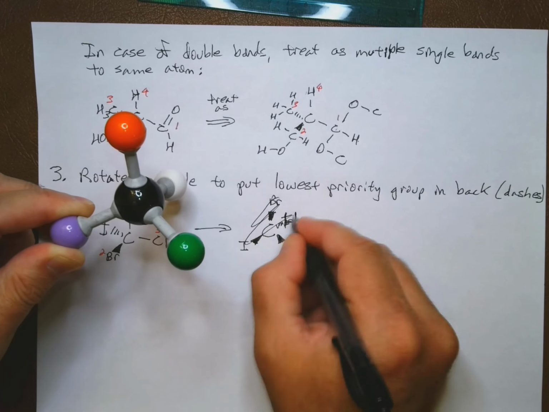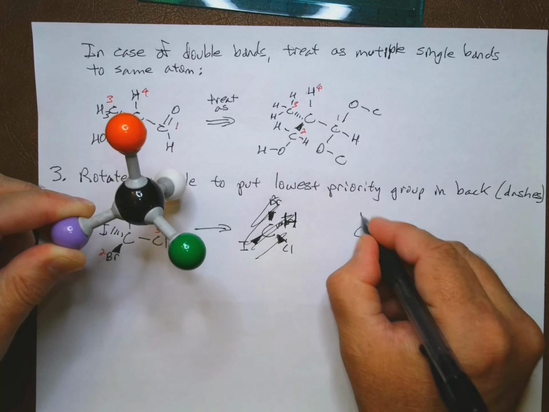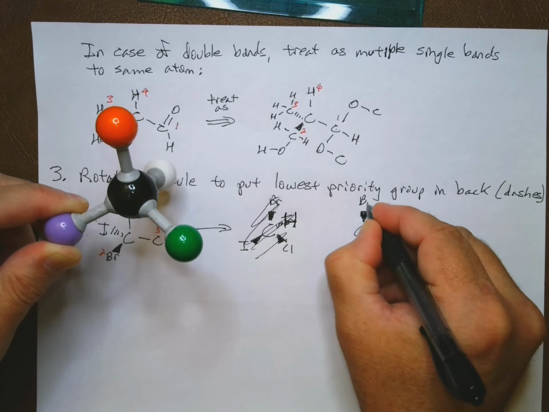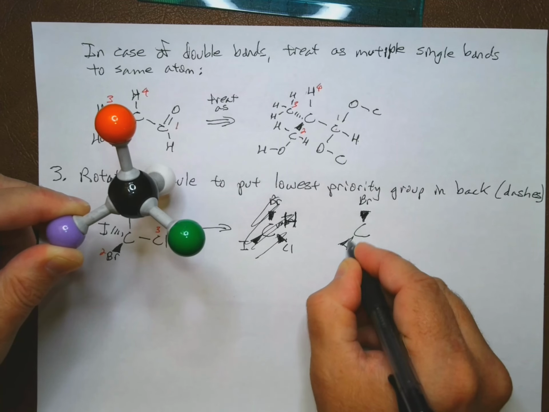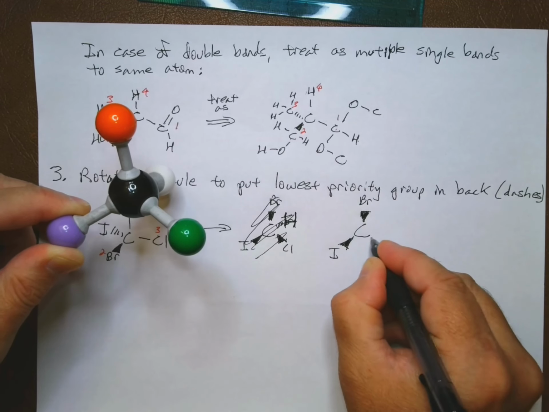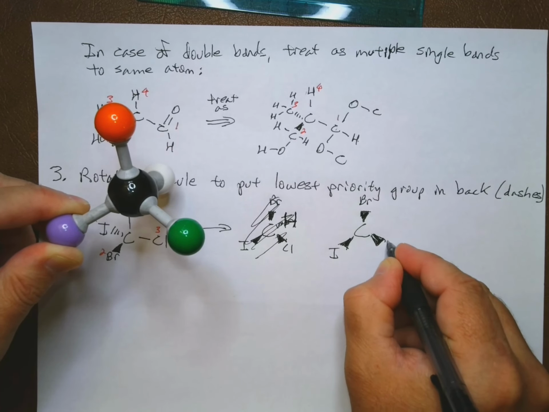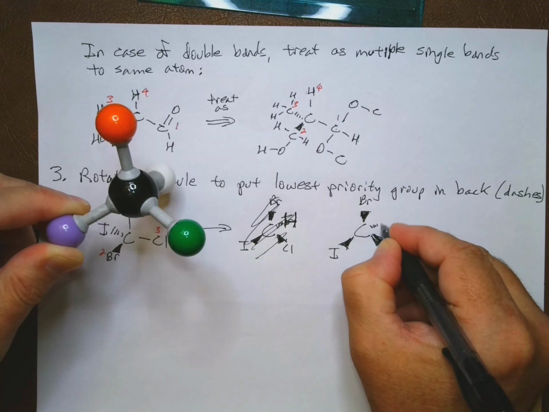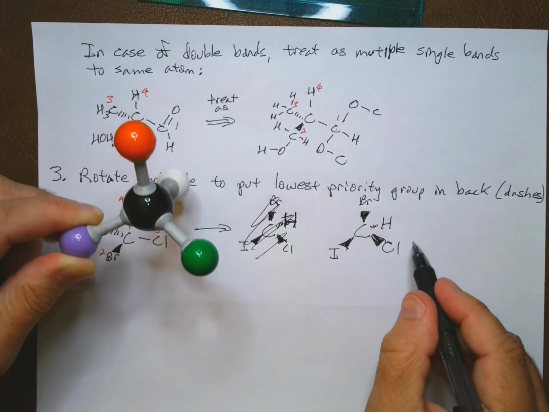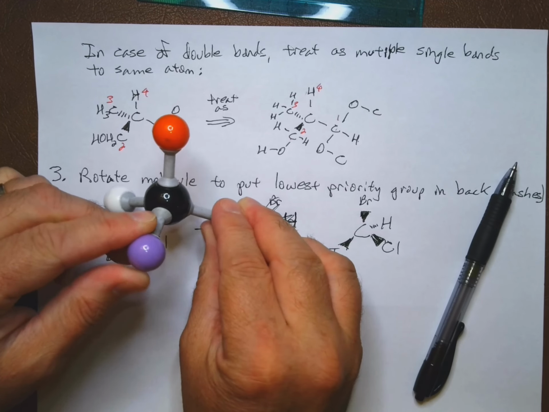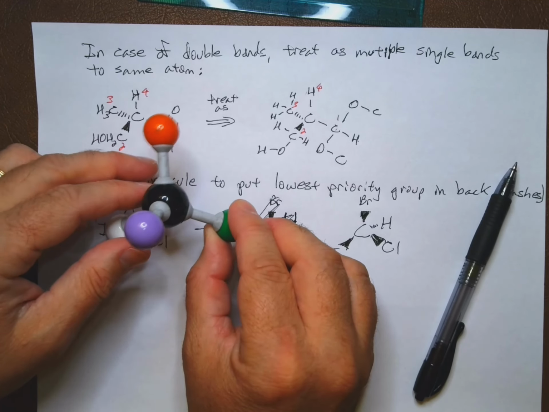Okay, here, let me draw this a little better. Carbon, Br, I, Cl, and then H is in the back. Now, I could simply put it in this orientation.